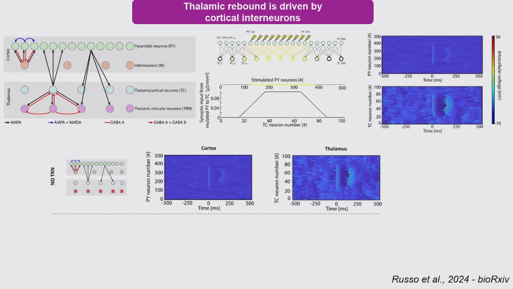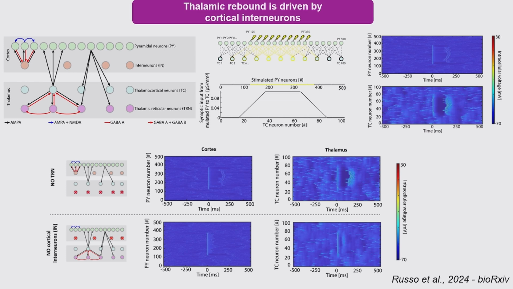Specifically, they created a lesion in the reticular neuron and nothing changed compared to the ground truth. On the other hand, when they did the same for the interneuron, they observed a completely changed response, meaning that the thalamocortical responses are mainly due to this layer.